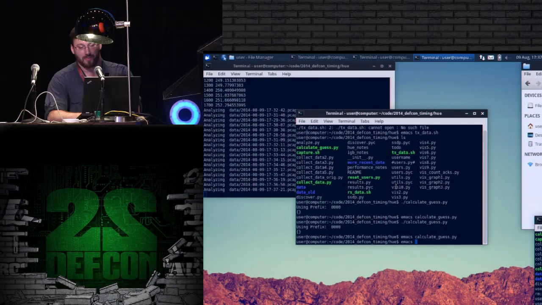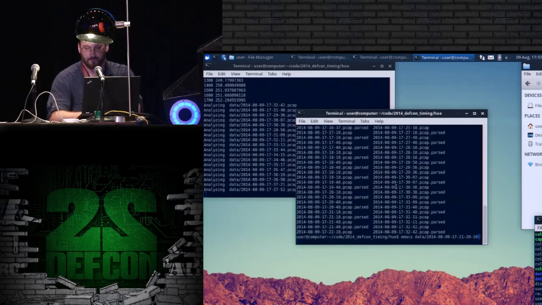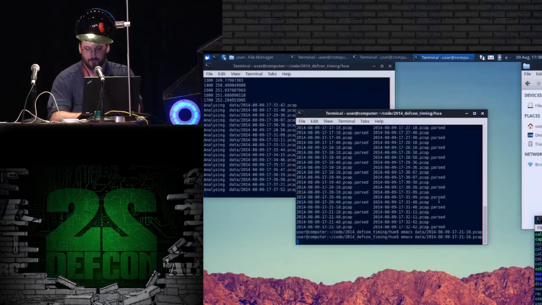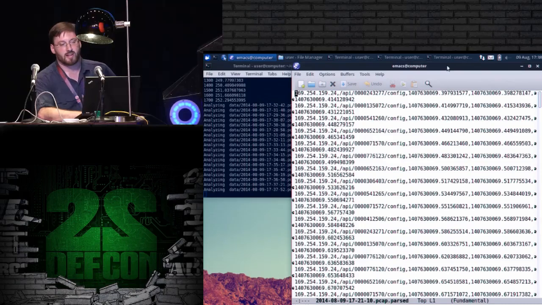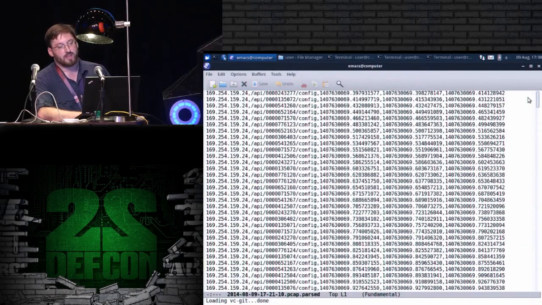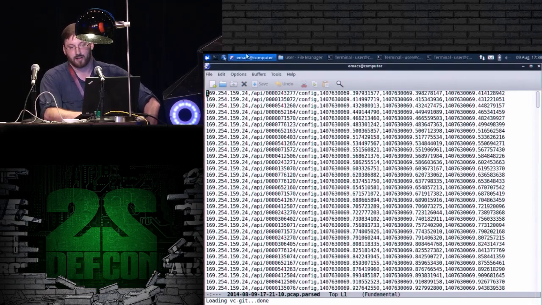Let's start by looking at what the process data looks like. This is what the data looks like after I've processed it. What these are showing is the relative differences in packet arrival times as we interrogate the unit.